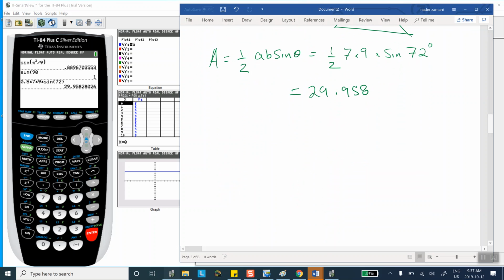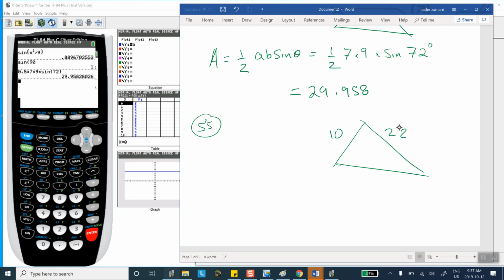This is number 55, and the triangle's sides are 10 and 22, and the angle is 10 degrees. So we go 1/2 times 10 times 22 times sine of 10 degrees.